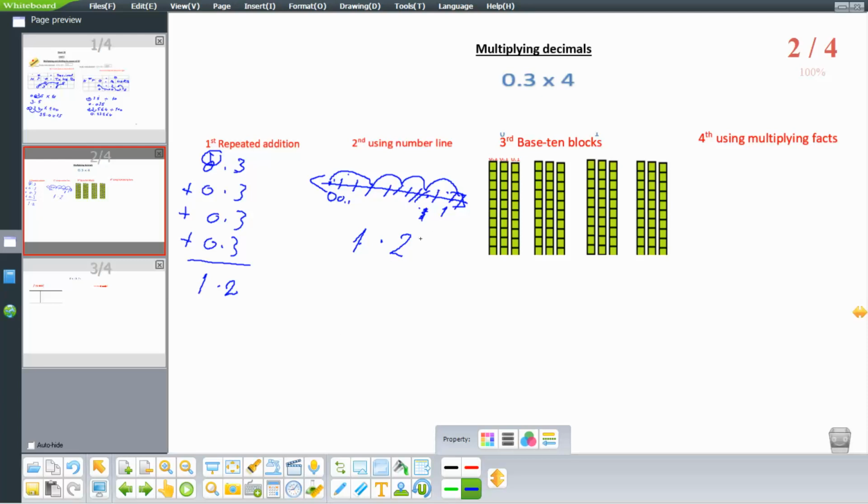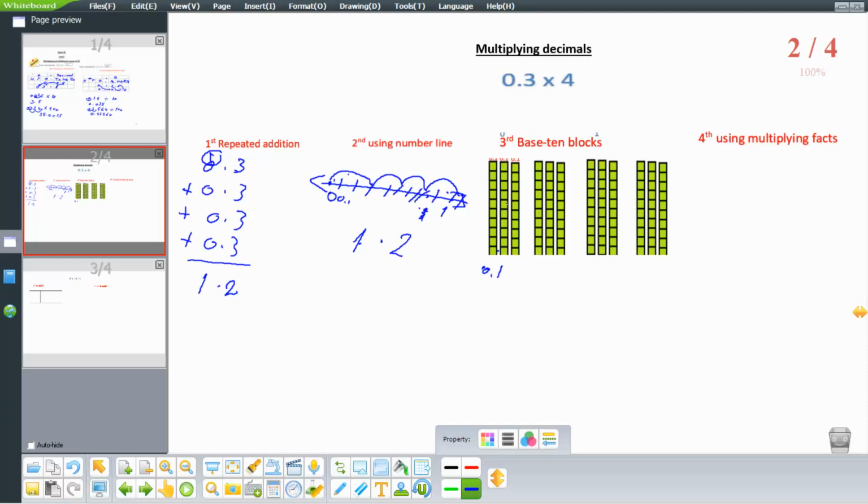Okay, base 10 blocks. We know that in decimals, this represents 1/10, which is 0.1.